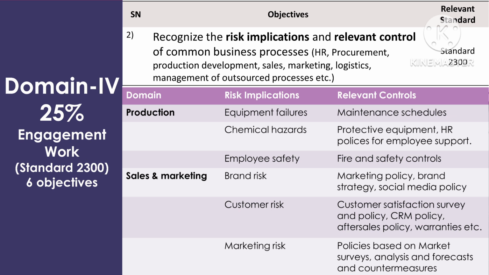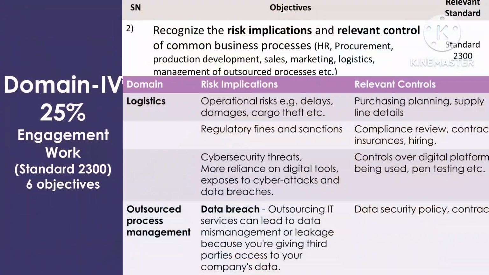Then customer risk: there have to be customer satisfaction surveys and policies, a CRM policy, and an after-sales policy or warranties given to the customers. Then marketing risk: policies based on market surveys, analysis and forecasts, and countermeasures. So now let's see what the risk implications are in logistics and what the relevant controls are.